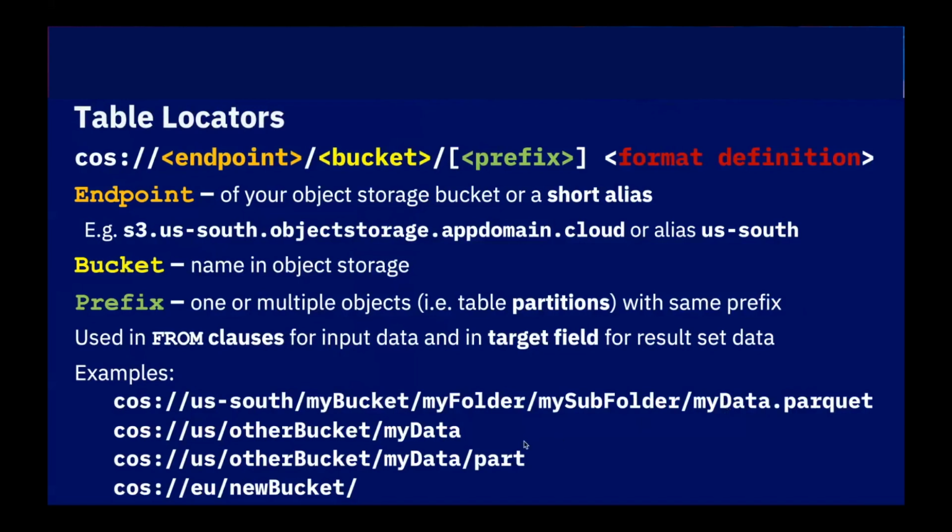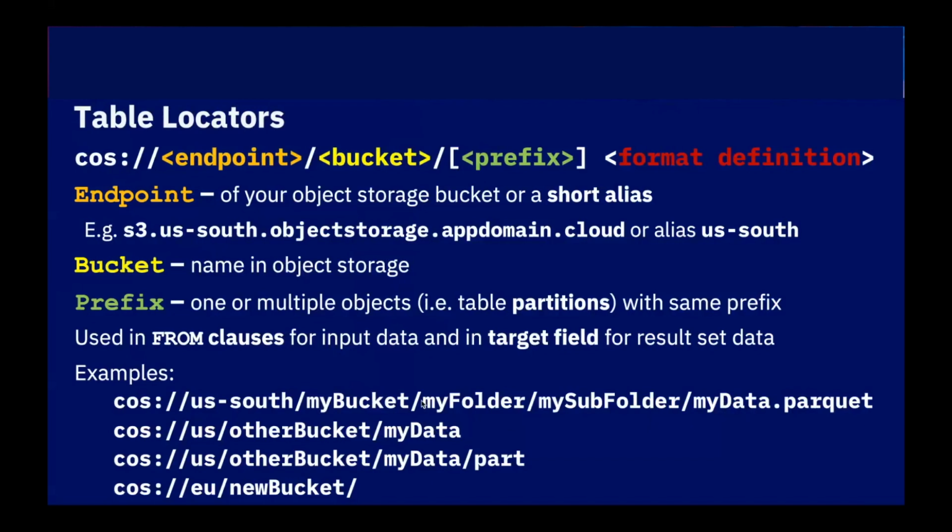But you can also treat it in a folder manner, where you say everything that starts with my data is now qualifying. Or maybe here, everything in this bucket at the bottom, all the objects in this bucket. And we treat them just as partitions of the table. So that's basically the basic locator format.